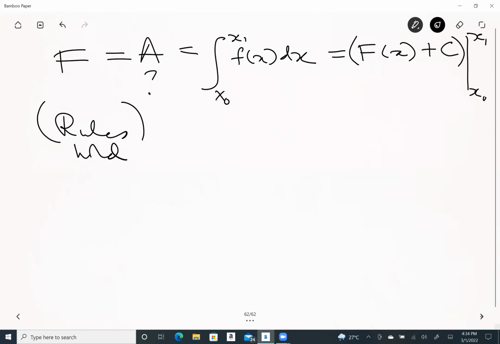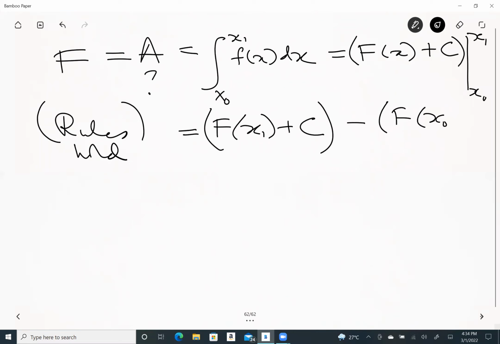Now x0, x1 are definite points, real values, so we can find the value. You have the value at x1 plus c, so you evaluate the function at x1. And then you subtract the value of the integral at x0 plus c.